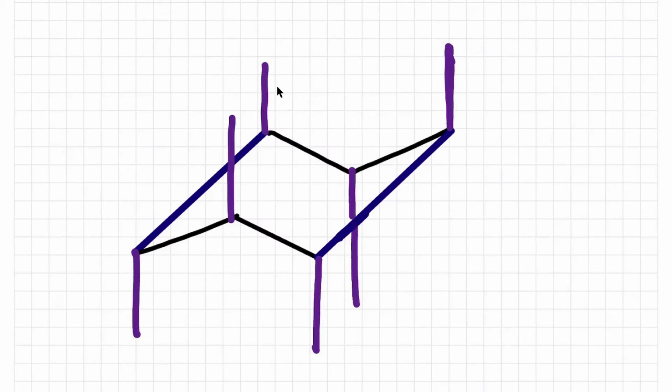Let's give some numbering to make it easier. Again, I like to start here as my first carbon. I like to say that this one is my first carbon. And of course, you can say this one is your second carbon or that one. But for me, I really like to stay clockwise unless I have to, because it's all about consistency in organic chemistry. So 1 and 2 and 3 and 4 and 5 and 6.